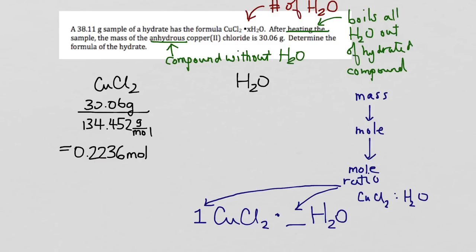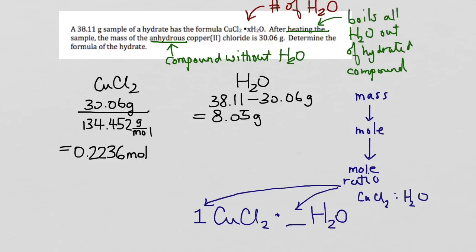For water, we need to determine the mass of water. So the mass of water is 38.11 minus 30.06 grams. That is 8.05 grams. We took those two numbers and subtracted because this mass has water inside it, and then 30.06 is the compound without the water.